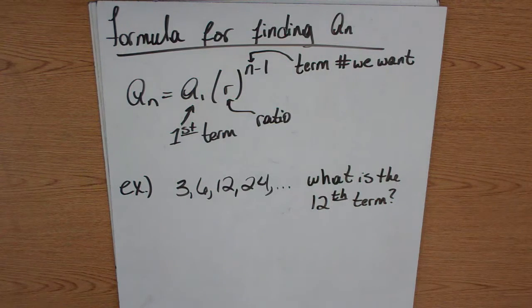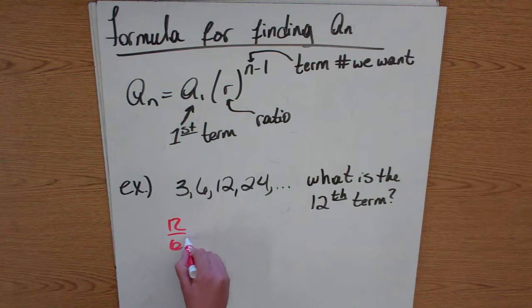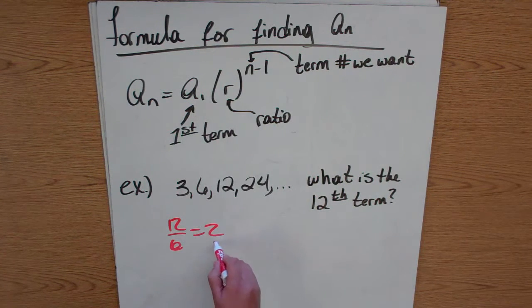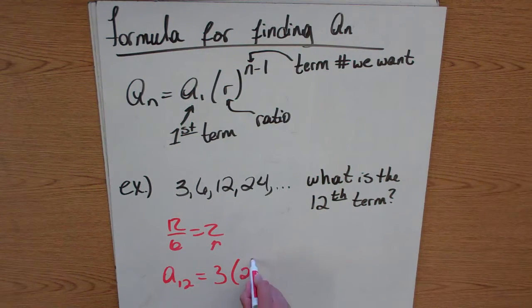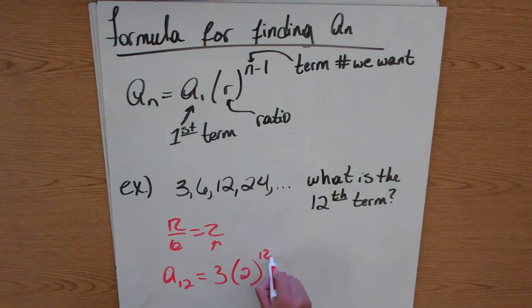Let's look at this example. First, we need to find our common ratio. 12 divided by 6 is 2. So we know our common ratio is 2. Now a sub 12 equals our first term, which is 3, times our ratio, which is 2, raised to 12 minus 1.